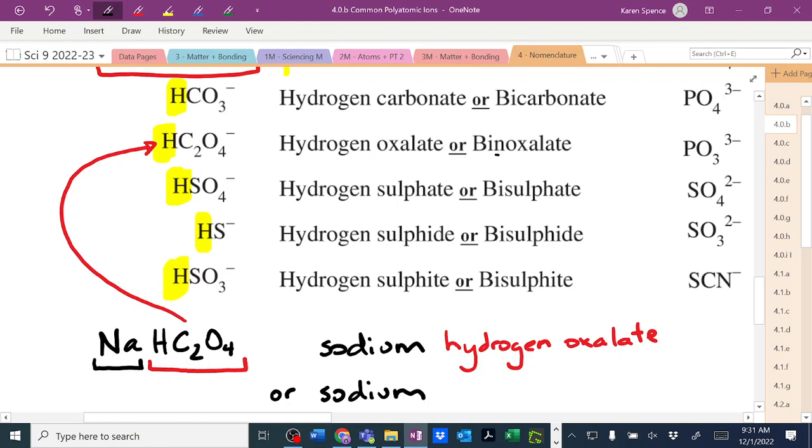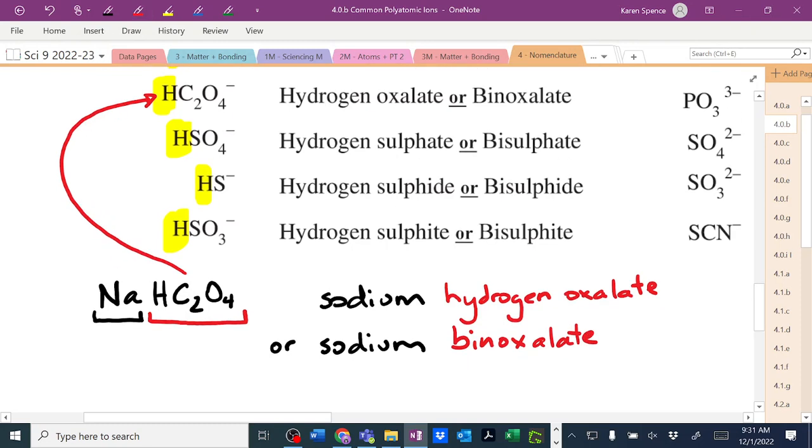And this one's kind of funny. It's got an N in the middle. Okay, I kind of like that. It's kind of fun. Binoxalate. I think they did that because bioxalate would just look really weird without a vowel in there. You get to choose, but don't use both names.